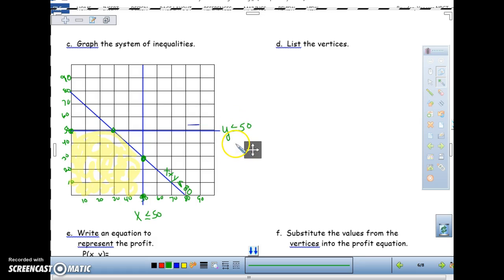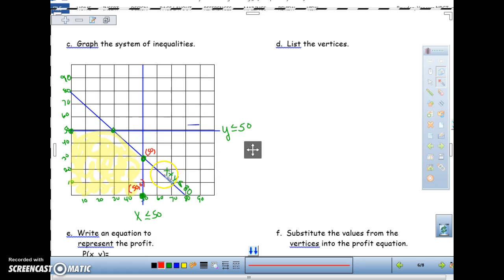Then we want to find our corner points. So we'll start down here. So for this one, this corner point would be at 50, 0. This corner point, well, if this is 50, when x is 50, what's y along this line? We're looking for the intersection of this one and this one. So you could do elimination, substitution.